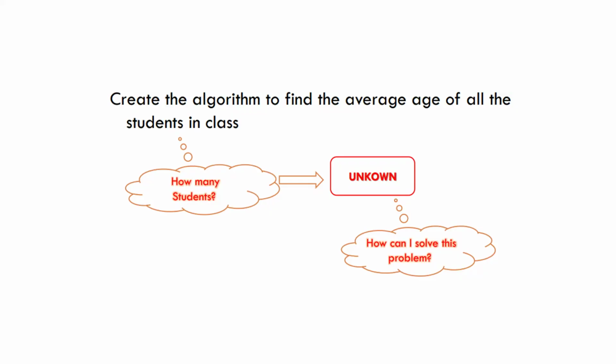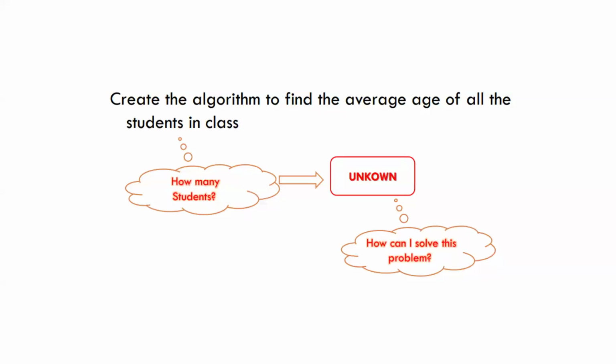Initially, how many students? You should think what is the unknown part of this solution. So can the user enter it, can I give an initial value for this variable? You can easily find these answers on your own.